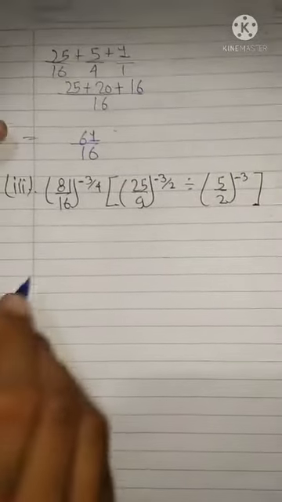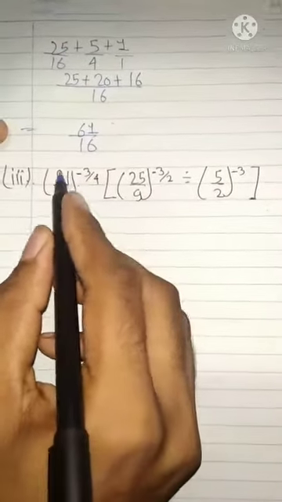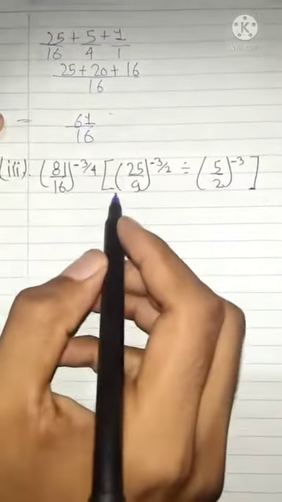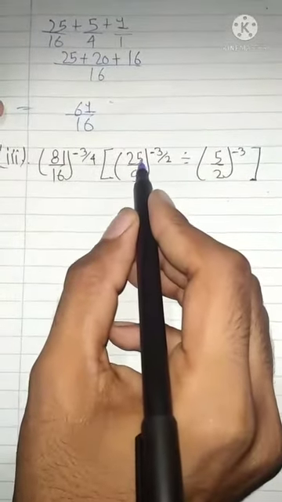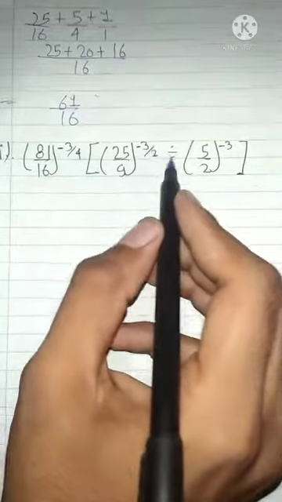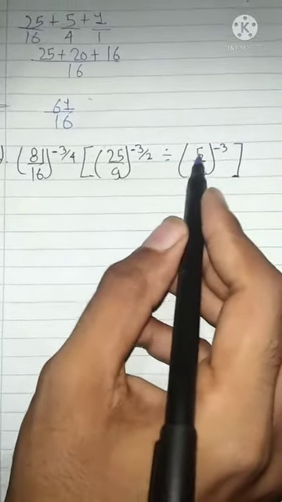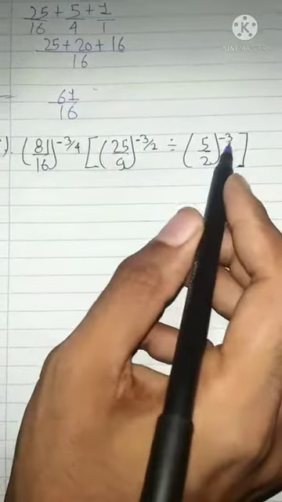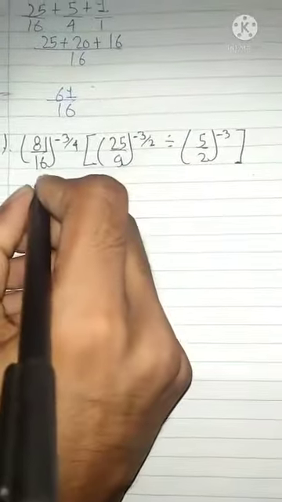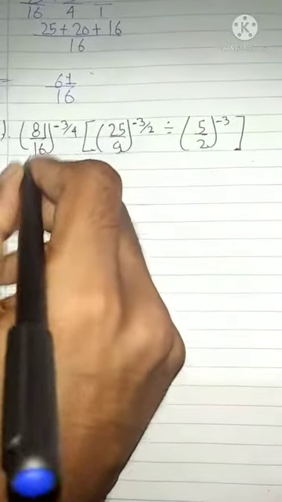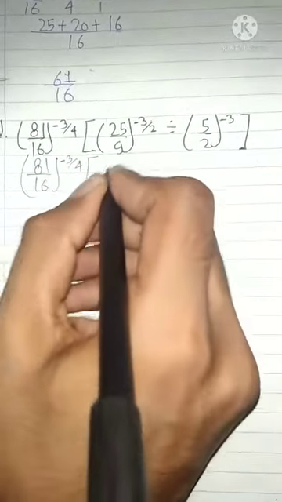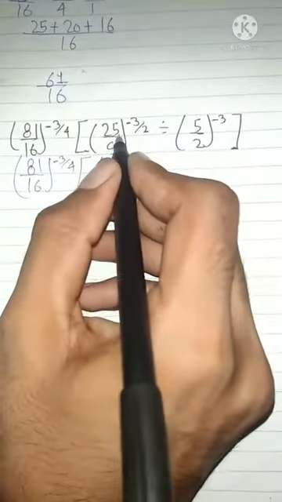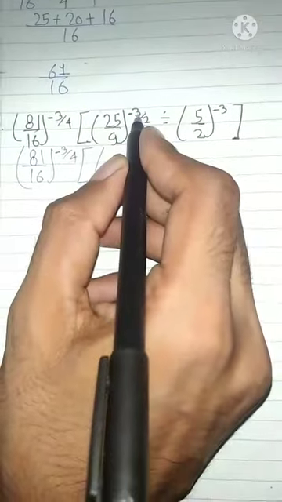And another question is that (81 upon 16) to the exponent minus 3 by 4, bracket close, bracket open, (25 upon 9) to the power minus 3 by 2 divided by (5 upon 2) to the power minus 3. So first write 81 by 16 to the power minus 3 by 4. You see that the exponent is minus.